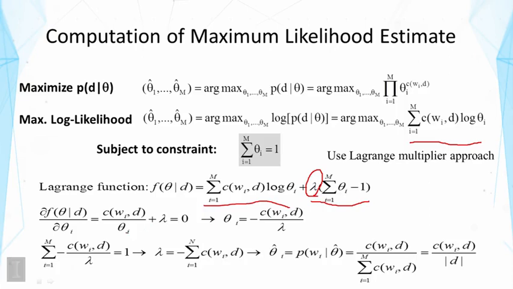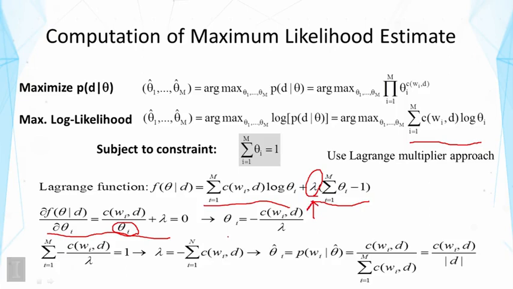It's not sufficient though. So if we do that, you will see the partial derivative with respect to theta i here is equal to this. And this part comes from the derivative of the logarithm function. And this lambda is simply taken from here.